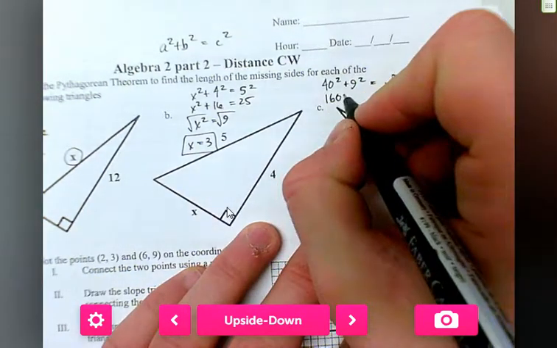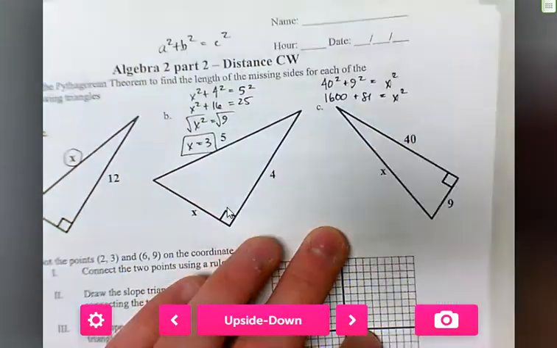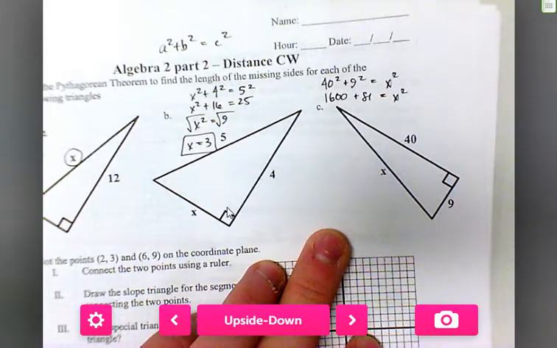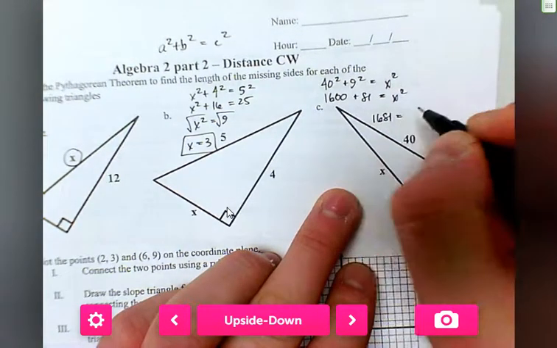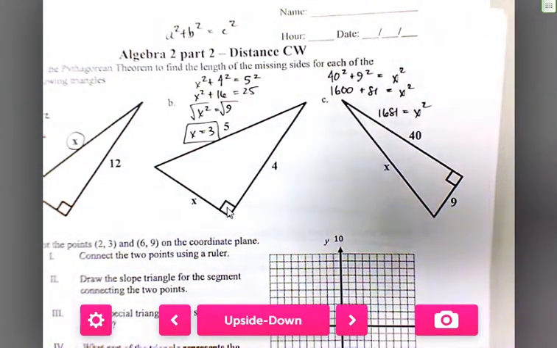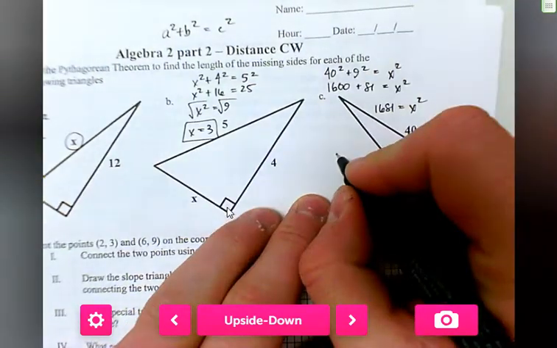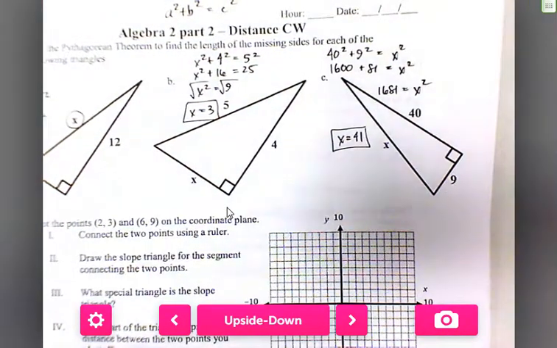So we've got 1600 plus 81 equals X squared. Okay, 1600 plus 81 is 1681 equals X squared. And then we got to take the square root, right? Which would be X equals 41. Does that make sense? Okay.